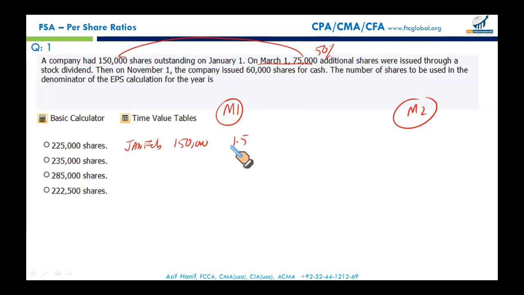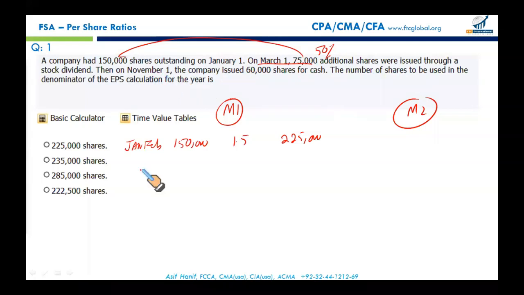So you're going to multiply 150 with 1.5, which is going to be 225,000. And what weight are you going to attach to it? Because these shares will be assumed to be outstanding from the earliest reported period, they will go on till the next stock transaction, which is occurring on 1st of November.